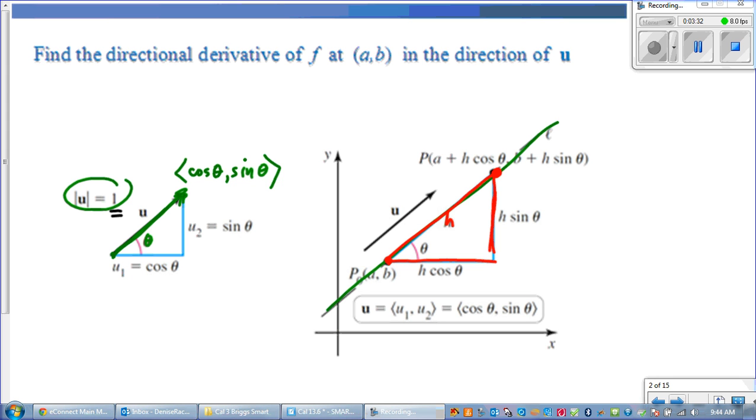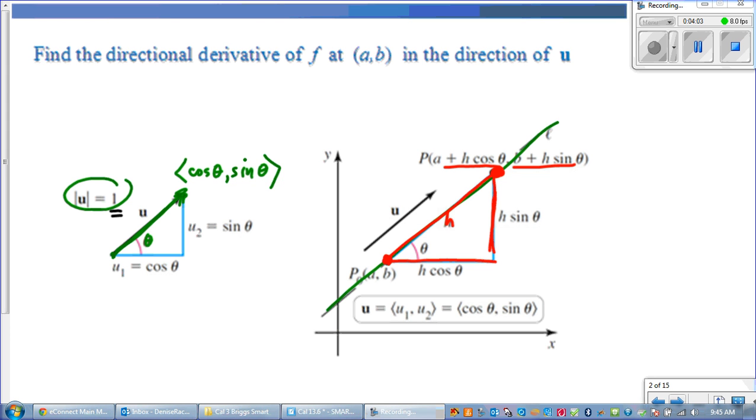So the coordinates of this point, a distance h from P, will be a plus h cosine theta and b plus h sine theta. So we'll use these two points now to calculate the slope of the secant line passing through the points f of (a, b) and f of (a plus h cosine theta, b plus h sine theta).